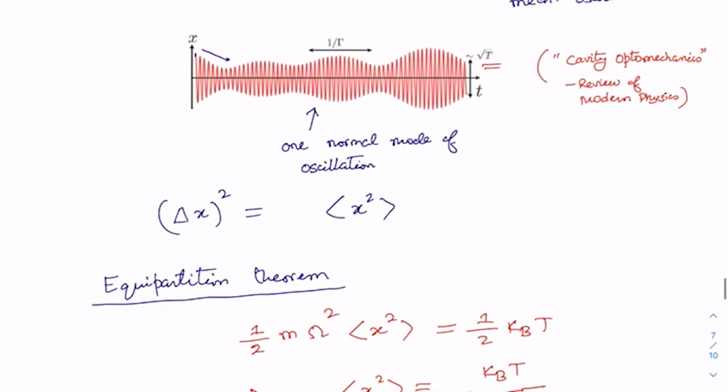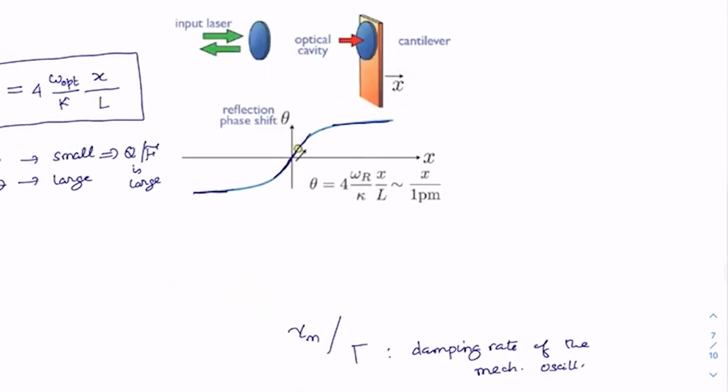However, it is important to note that the displacement-time plot that we have shown here is far more complicated in reality, because here, as I said, we are considering only a single normal mode of oscillation, but in reality there is an infinity of normal modes in the mechanical structure, and the displacement of the mechanical oscillator at the position of the laser spot consists of a superposition of all such normal modes of vibration, and all these different normal modes have different frequencies.